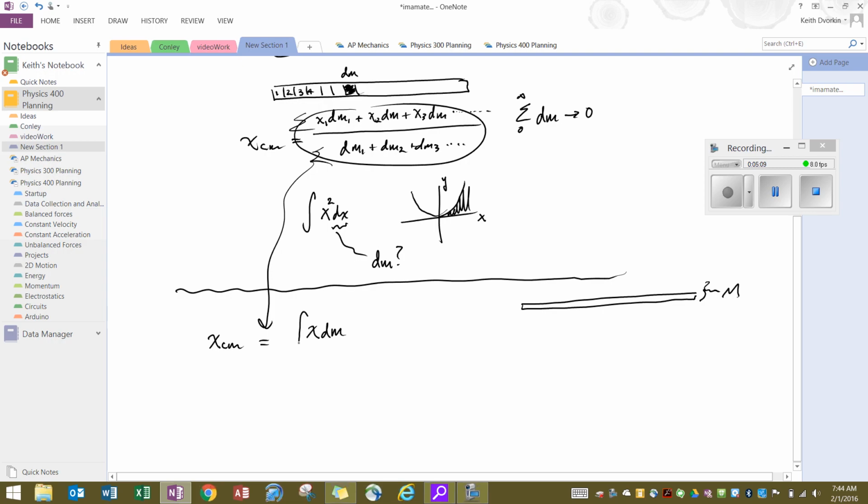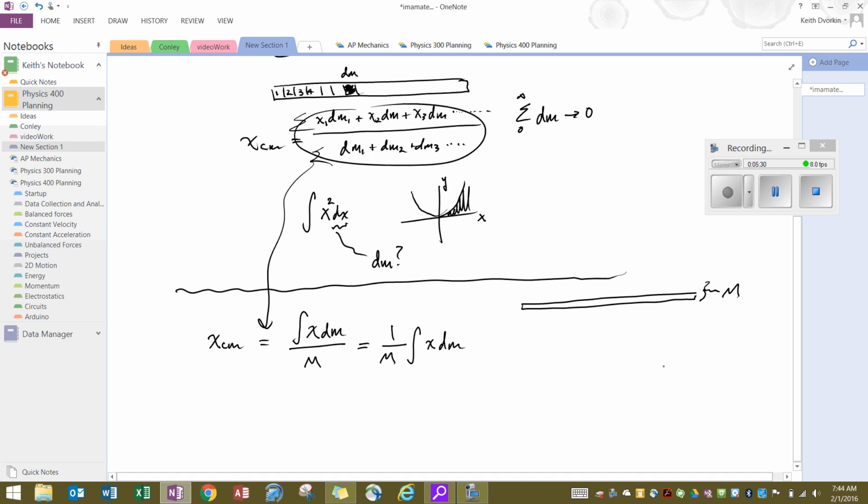We're going to sum up an infinite number of those. That's our integral. And then we're going to divide that by the total mass of the rod M. So that M is a constant. We can just bring it out in the front. And here's our definition of the location of the center of mass using the integral form, x_cm.